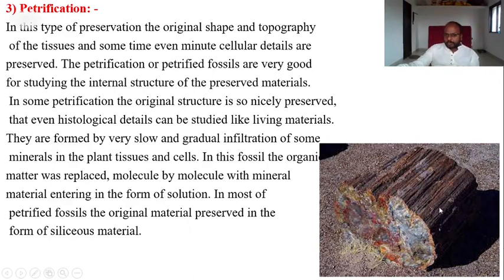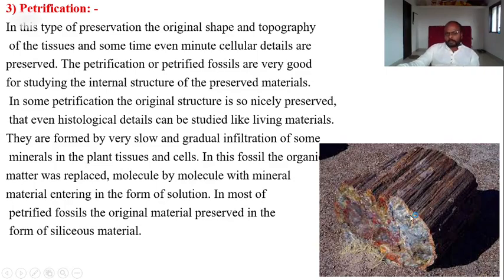Petrified fossils are very good for studying the internal structure of preserved material. In some petrification, the original structure is so nicely preserved that even histological details can be studied. That means the internal details we can study with the help of petrification.